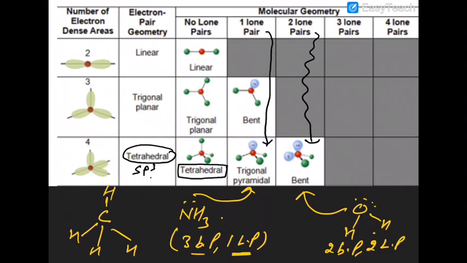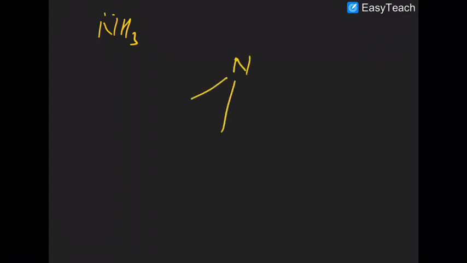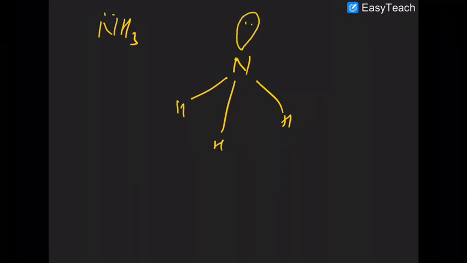Okay, let's see through an example. Now look at the case of ammonia. There is the presence of one lone pair. So the lone pair will repel the bond pair, and the bond pair will come close together.